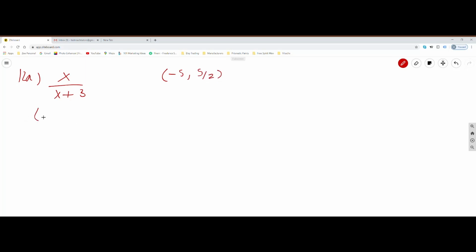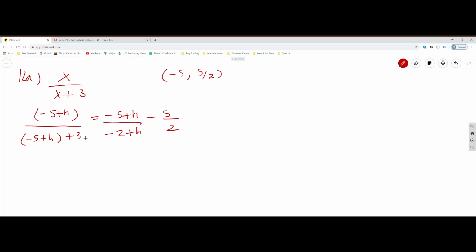So you have negative 5 plus h over negative 5 plus h plus 3, which equals negative 5 plus h over negative 2 plus h, minus 5 over 2.